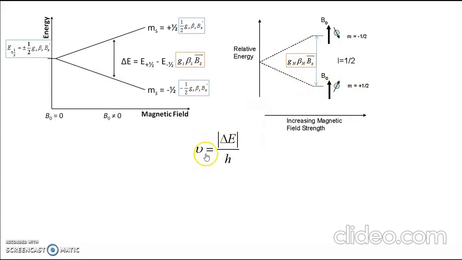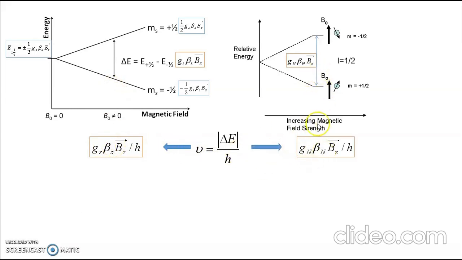When h nu, the energy of the photon or radiation, is equal to the delta E value, or when the frequency of radiation is equal to delta E by h, there will be a transition, where delta E is this for nuclear spin states and this for electron spin states. That is, if this frequency matches the frequency of the photon in the case of the electronic spin state, there is a transition, and here when the frequency becomes this, there is a transition.